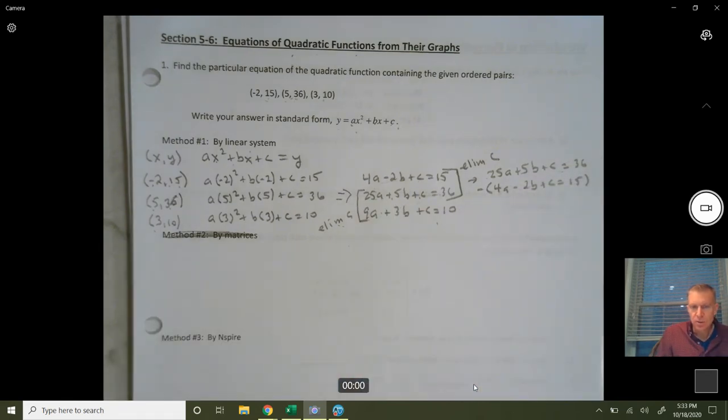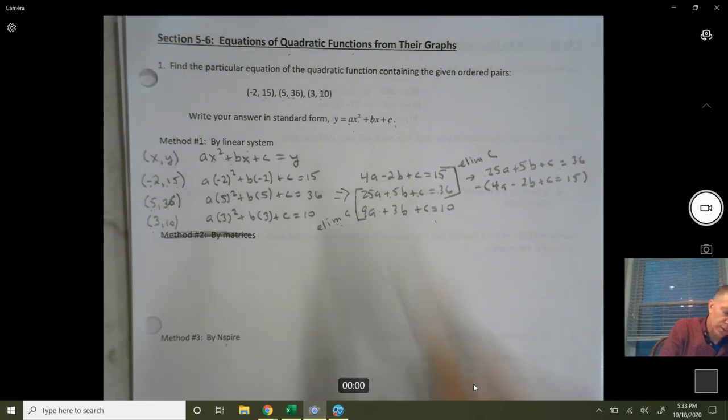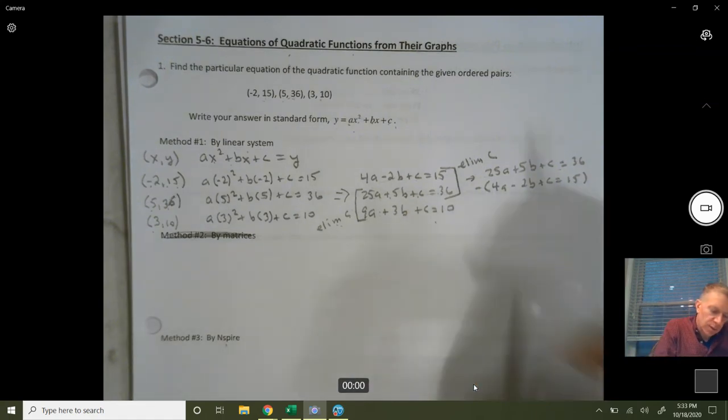The homework tonight on the assignment sheet, for a couple of the problems, asks you to solve these by hand, and for a couple of them, it asks you to solve using the solve feature on your Inspire. So we're going to do one by hand, and then I'll remind you how to solve it on your calculator.